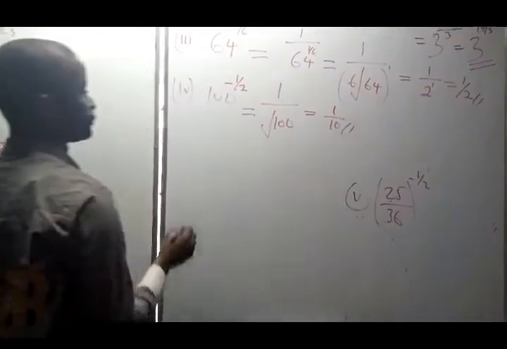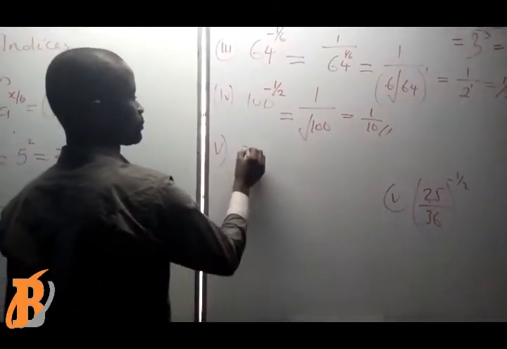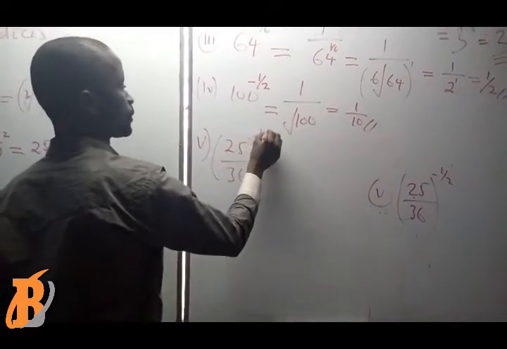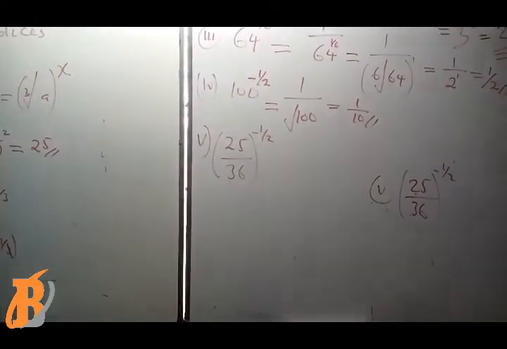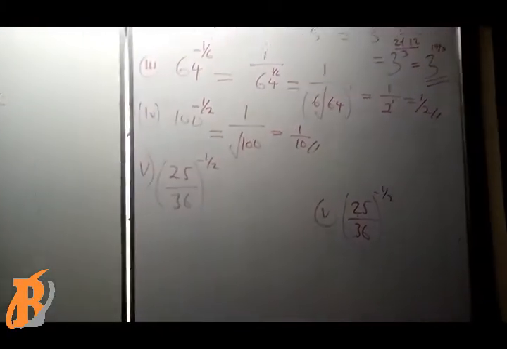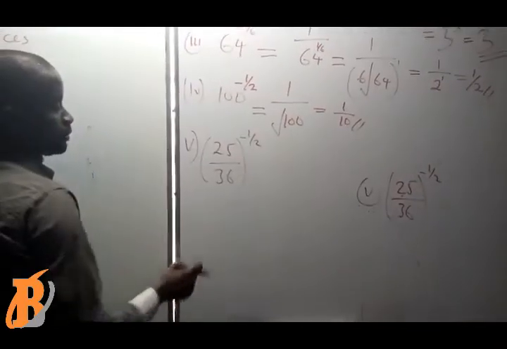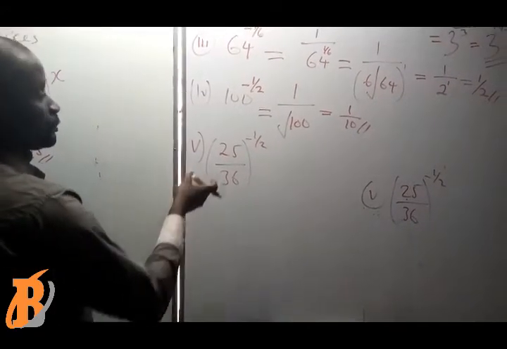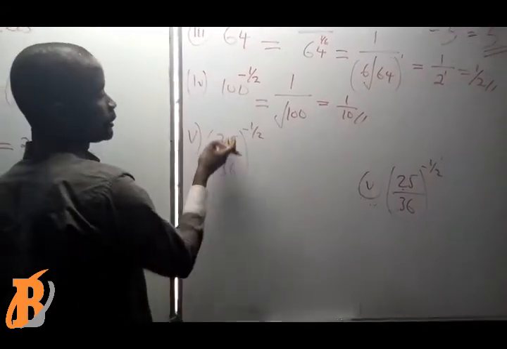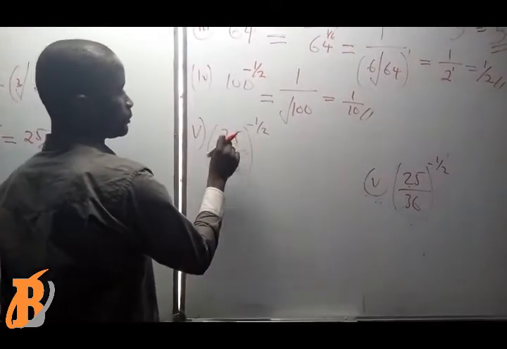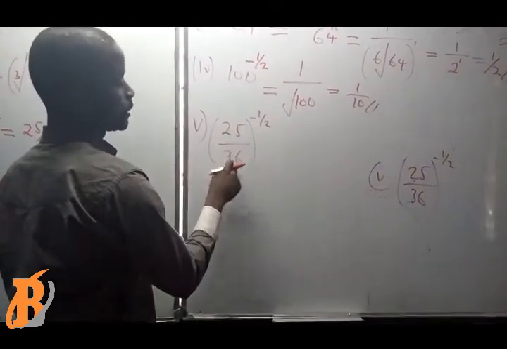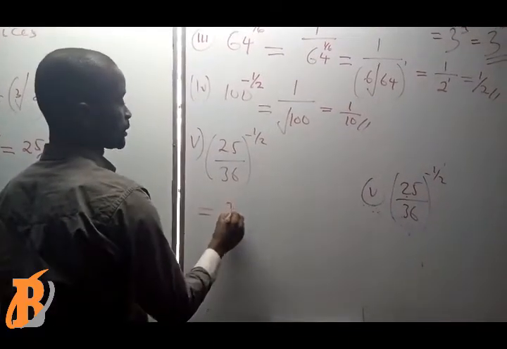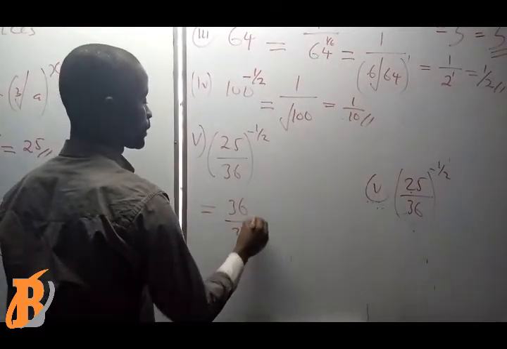The last one, the fifth question, is 25 over 36 raised to power minus 1 over 2. I've mentioned earlier that you can use two methods to solve this type of question. The first method is to change the values: the numerator changes to the denominator, and the denominator changes to the numerator, by inverting the value, which gives 36 over 25.